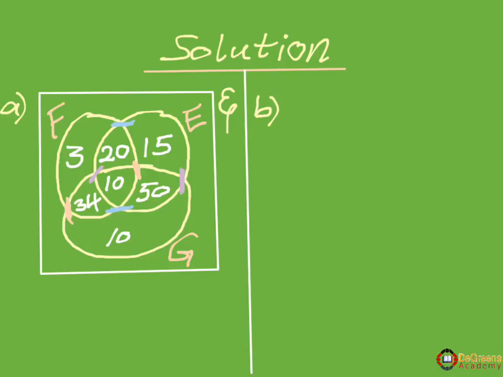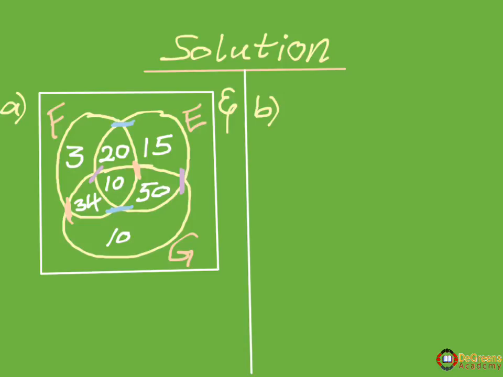So the B part, you are asked to find the total number of students in the class. Now, since each of those figures does not represent an element in the region, it represents the total number of elements in each of those regions. So it represents cardinal numbers. So to find the total number of students in the class, you simply add all those figures.